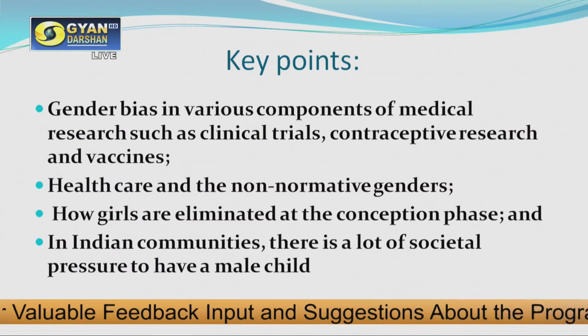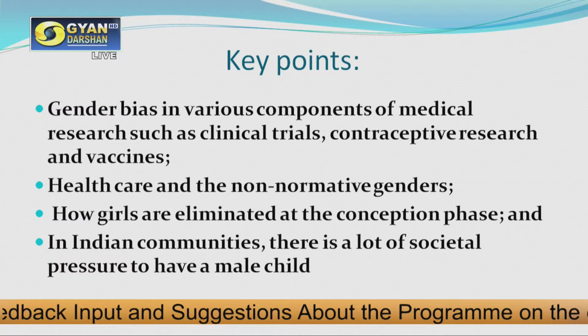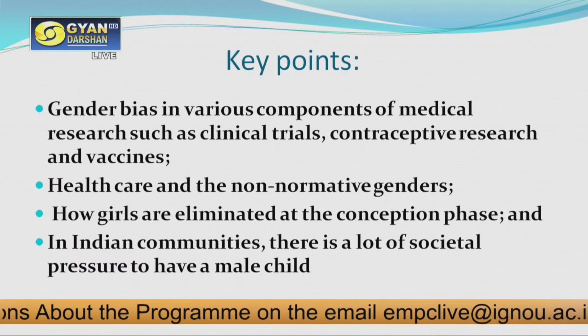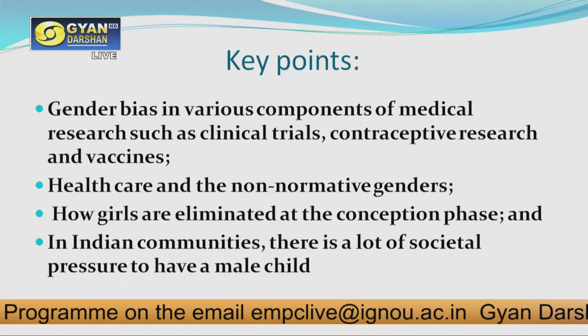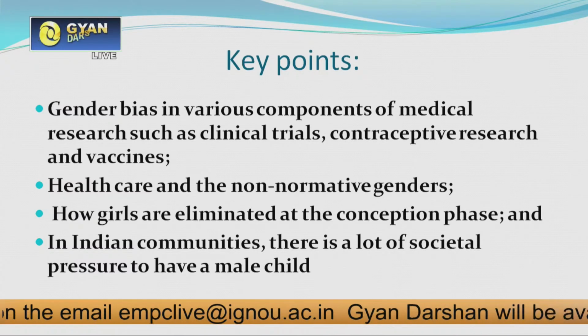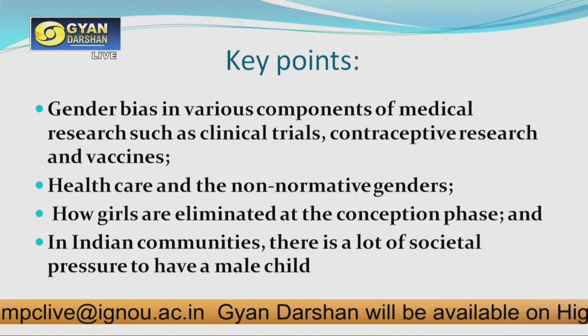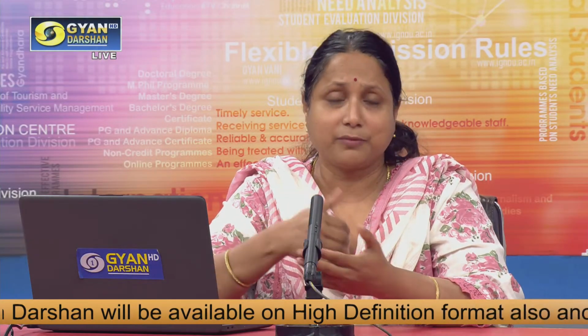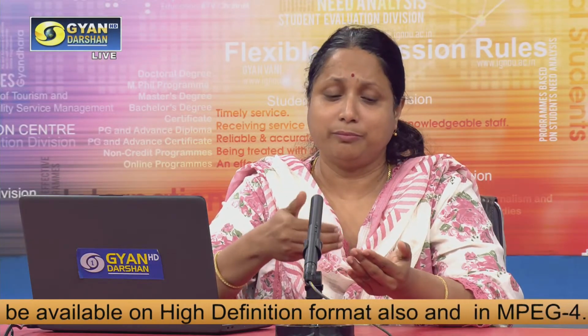So what are the key points we can look into? That is gender bias in various components of medical research, such as clinical trials, contraceptive research, and vaccines. A very good example I could give is the COVID vaccine.